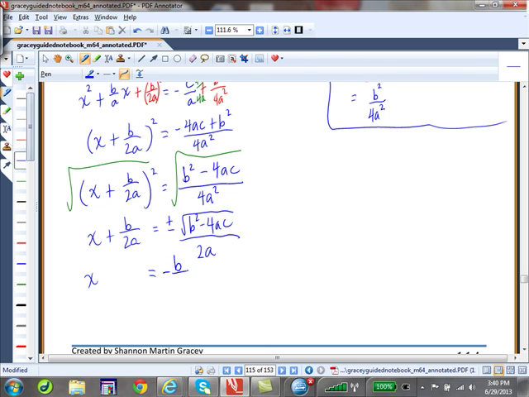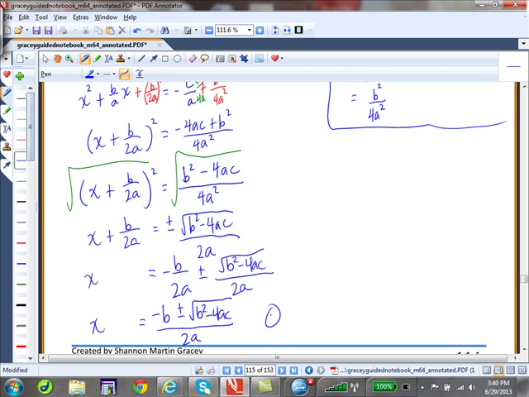So we'll get negative b over 2a plus or minus the square root of b squared minus 4ac all over 2a. They've already got the same denominator, so we end up with x is equal to negative b plus or minus the square root of b squared minus 4 times a times c all over 2a. And that is the derivation of the quadratic formula. Pretty cool, huh?